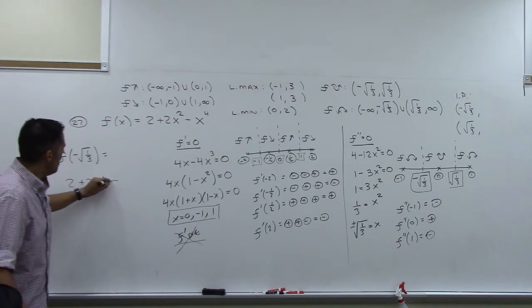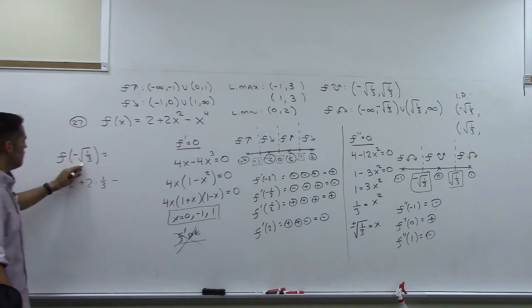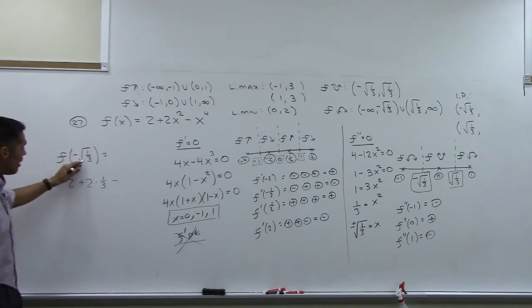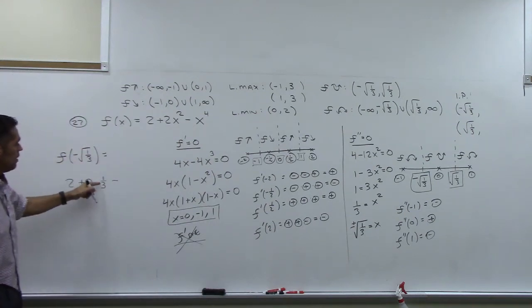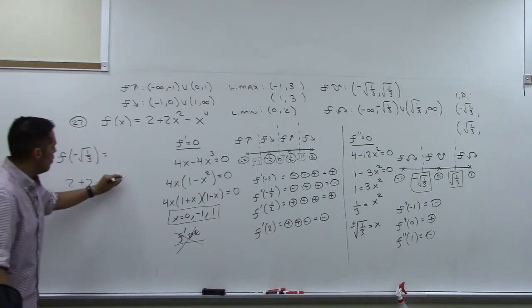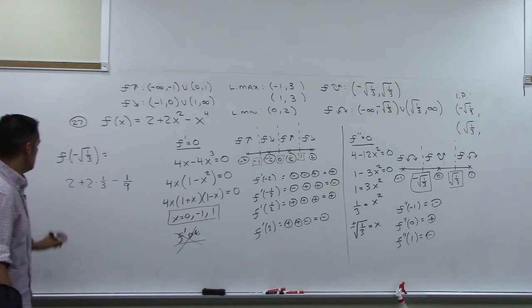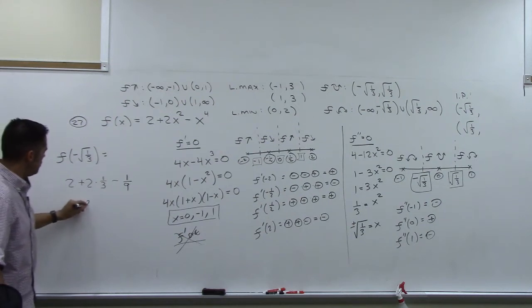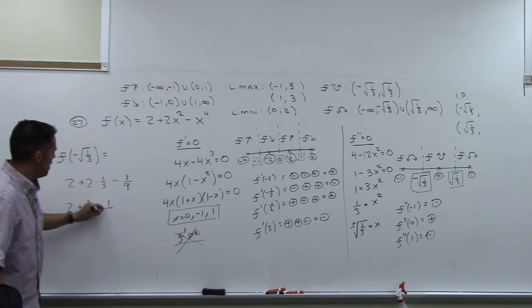And then I have minus, now I need to raise this to the 4th power. Squaring it gave us 1/3. If I now square that again, which would be the same as the 4th power, I would get 1/9. So we get 2 plus 2/3 minus 1/9.